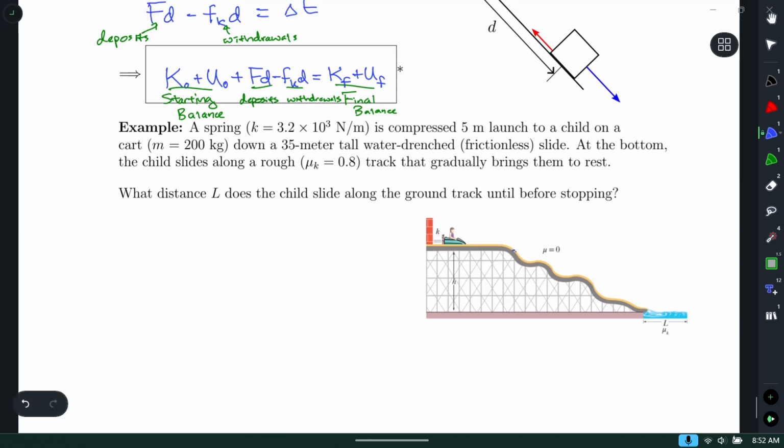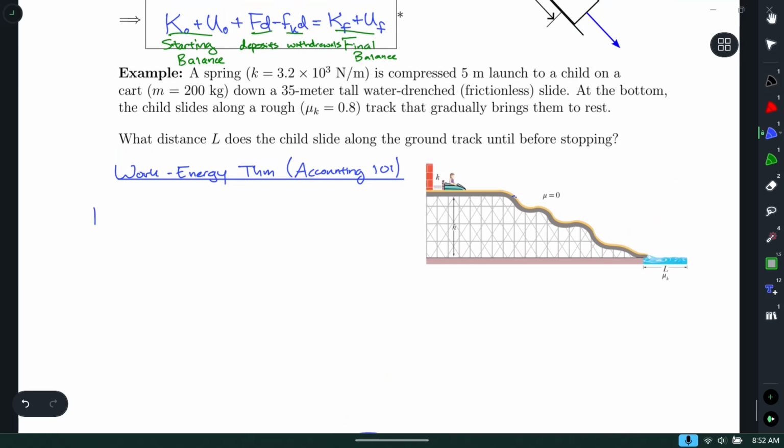So let's use this work-energy idea, which now you are really truly seeing is just accounting 101. Whatever you start with, plus whatever deposits are made to your account, minus whatever withdrawals are taken out, determines what you end up with.